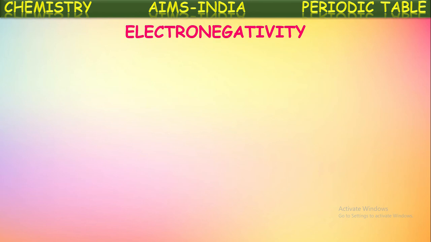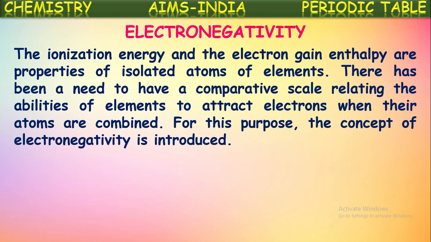Next property of elements is electronegativity. The ionization energy and the electron gain enthalpy are properties of the isolated atoms of the elements. There has been a need to have a comparative scale relating the abilities of the elements to attract electrons when their atoms are combined.